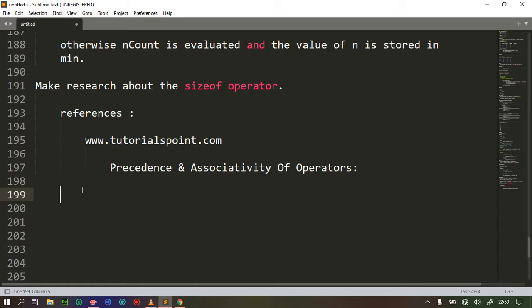Now precedence means what is the level of effect of an operator in an expression. Is it high? Is it low?